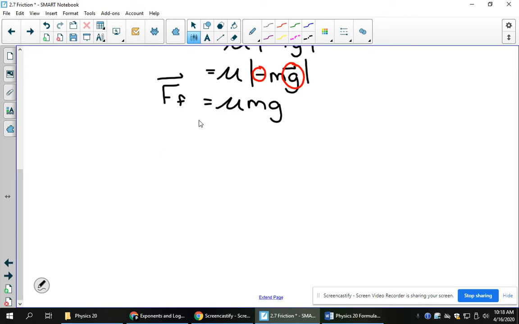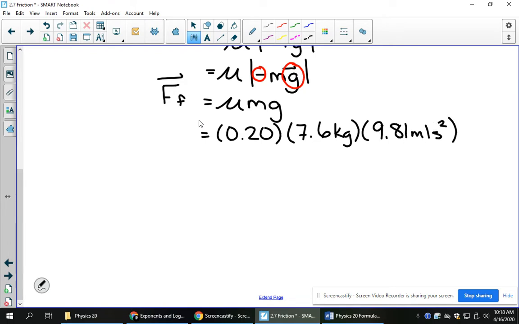So you're ready to sub in your numbers. For this one, our coefficient of kinetic friction was 0.20, and that is unitless. Our mass, 7.6 kilograms, and 9.81 meters per second squared. If you're worried that you're going to forget about the absolute value sign, making it positive, you can put a negative 9.81.